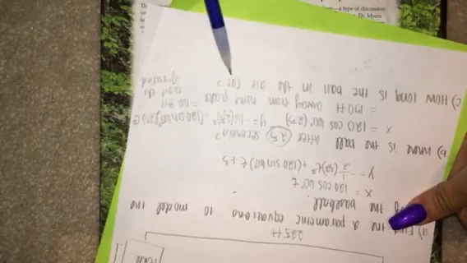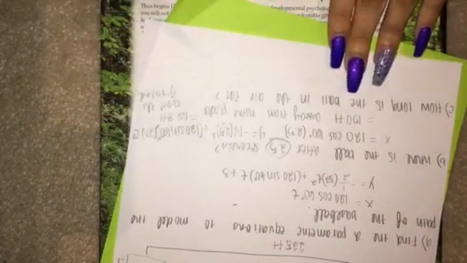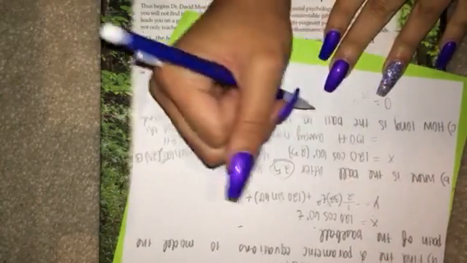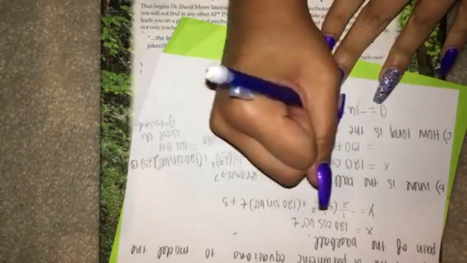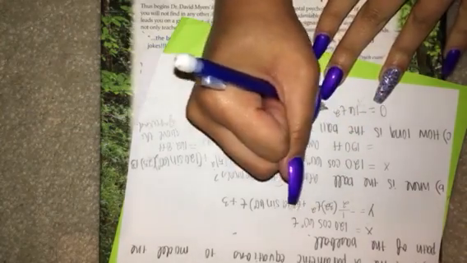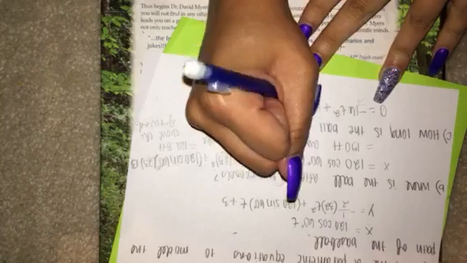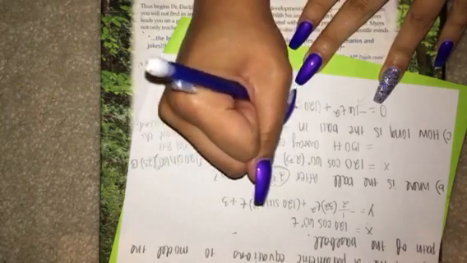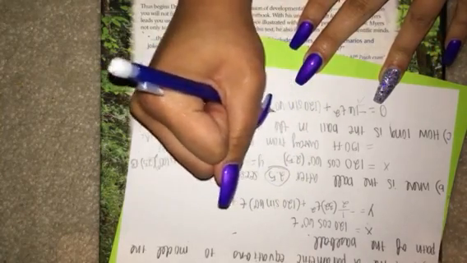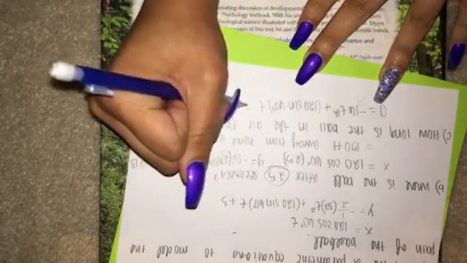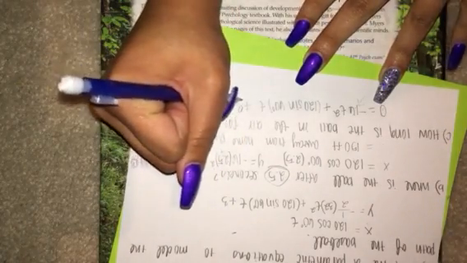So how long is the ball in the air for? To figure that out, you have to plug in 0 for y: negative 16t squared plus 120 sine of 60 degrees t plus 3.